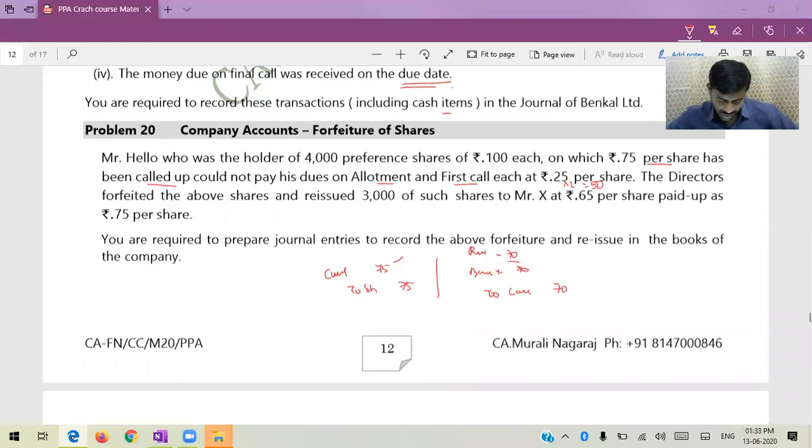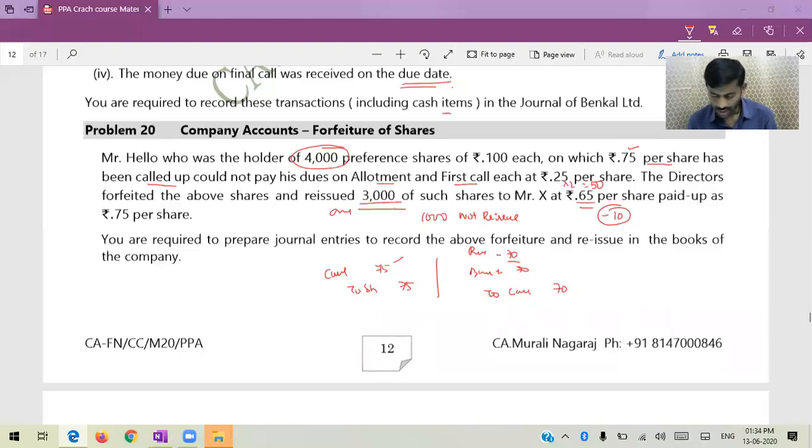Now, the directors forfeited the above shares and reissued. Look out, 4,000 shares they have forfeited, but reissued only 3,000 shares. Still, 1,000 is not reissued. 3,000 of such shares to Mr. X at 65. Why 65? Because only 75 is as of now called up. So you have to compare this 75 and this, therefore minus 10 rupees, not face value.